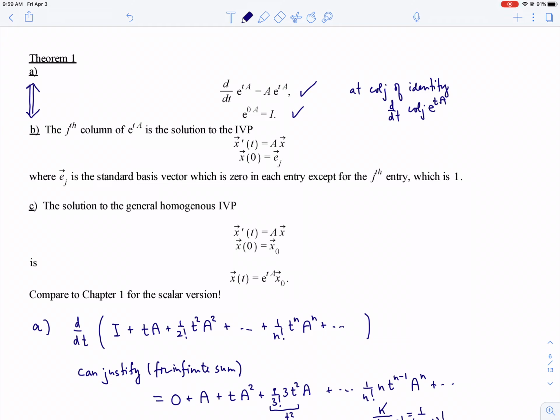Well, to get the jth column on the right, we just take A times the jth column of e to the tA.